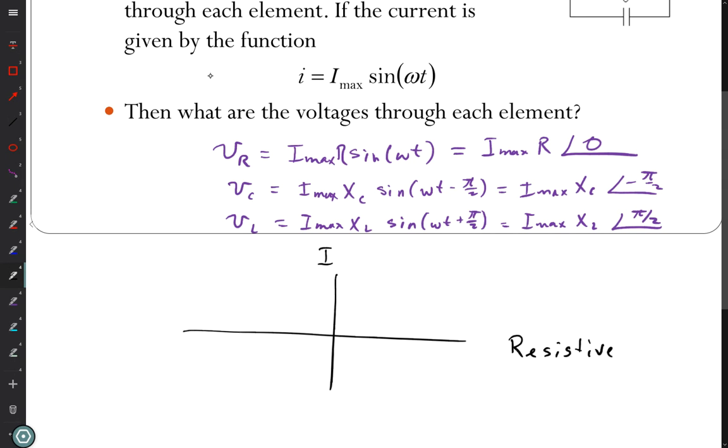Up here will be inductive, and down here will be capacitive. Capacitive, I think that's spelled right. And so we have each one of these that we have to add. So we have this here for the voltage across the resistor. This here for the voltage across the capacitor.